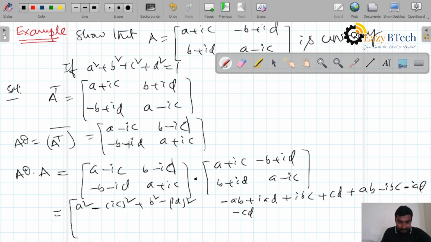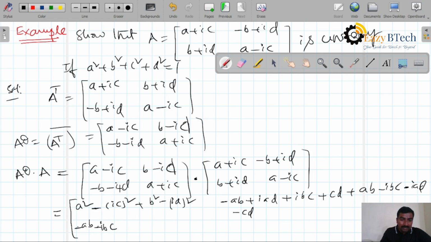Now come to the next one. Here, the second row into first column: second row, minus B into A. First multiply with minus B into A, minus AB. Next, minus B into IC, minus BIC, or minus IBC.